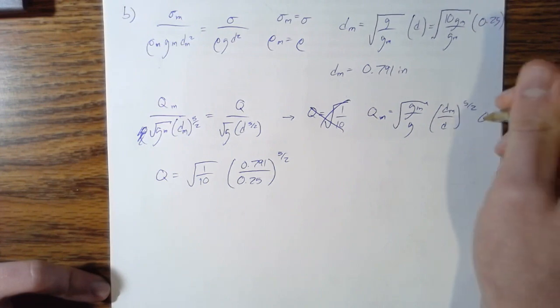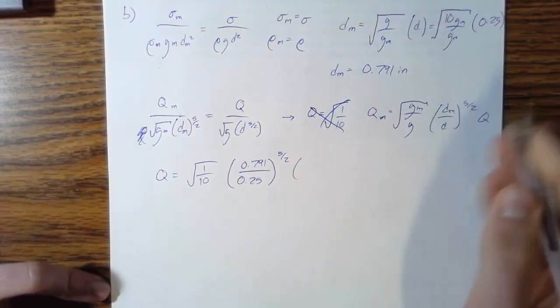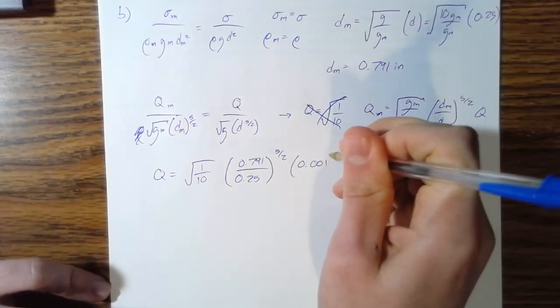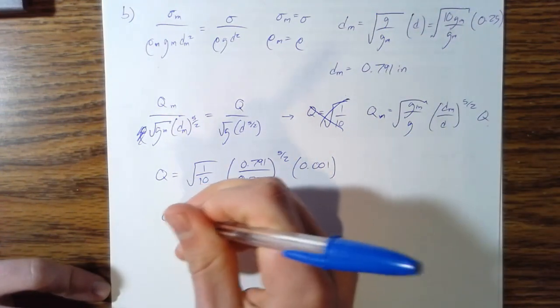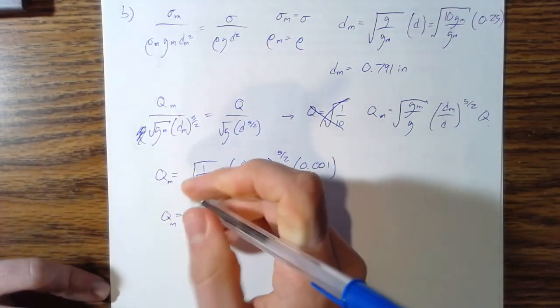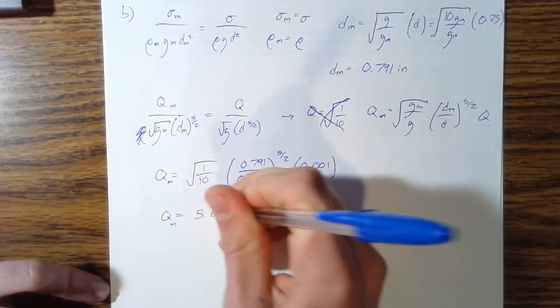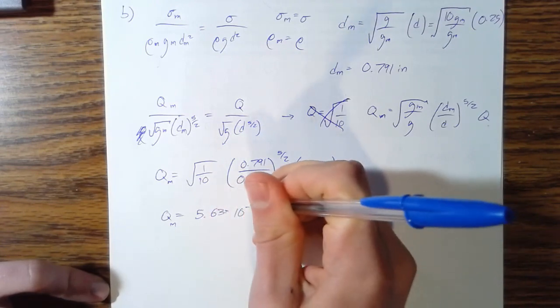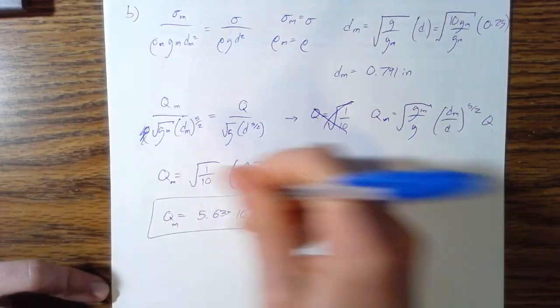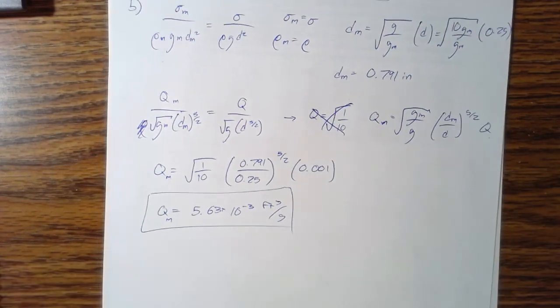Or this needs to be multiplied by Q, and then multiplied by the Q from our prototype, which is given as 0.001. So our model flow rate is 5.63 times 10 to the negative third feet cubed per second. And that's your answer there.